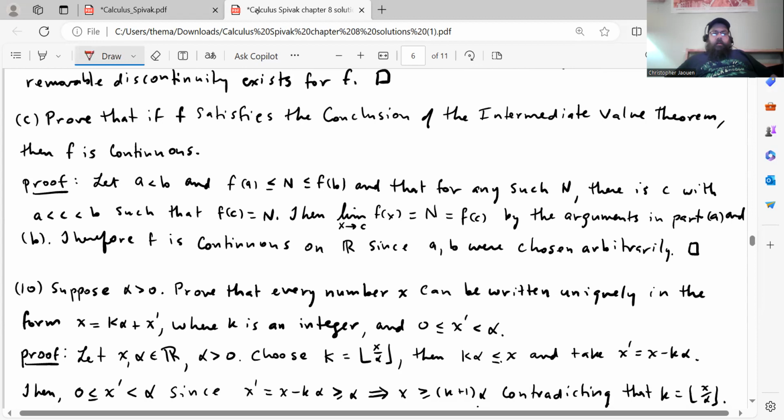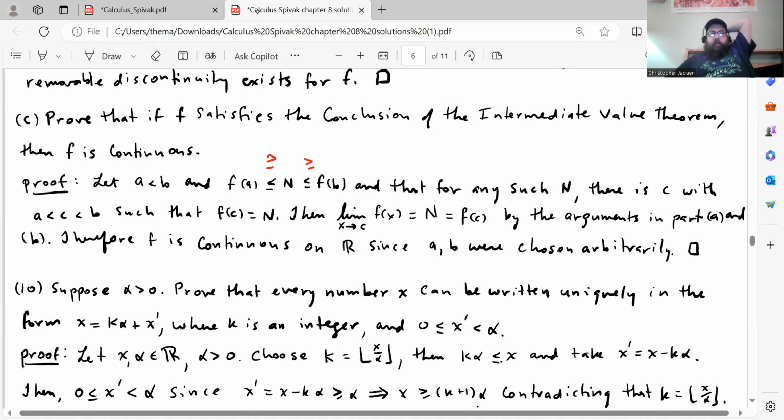So this isn't the intermediate value theorem in complete generality, but you could do the other case as well, and it'll work just the same. The general intermediate value theorem just says that for any n between f of a and f of b.